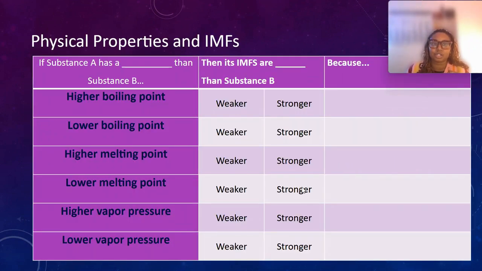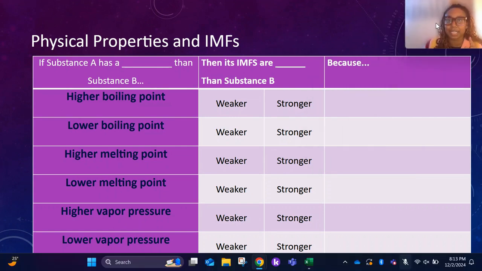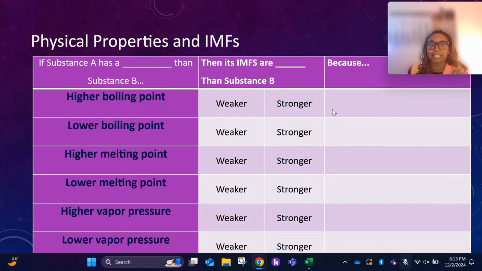All right. So when we talk about physical properties and IMFs, we're basically saying if substance A, so this is two substances together, if substance A has a blank, then substance B, and then why. So this is a because-but-so type of way to think about this.